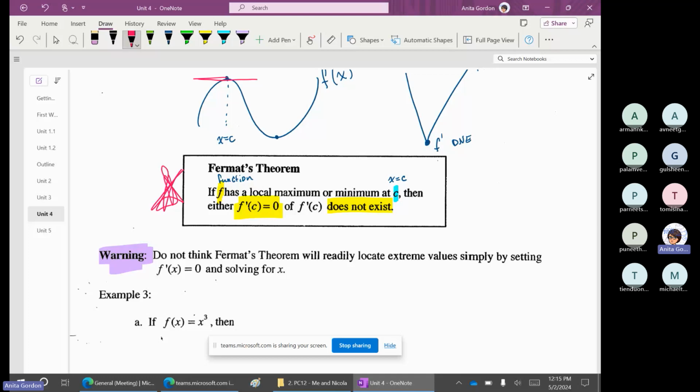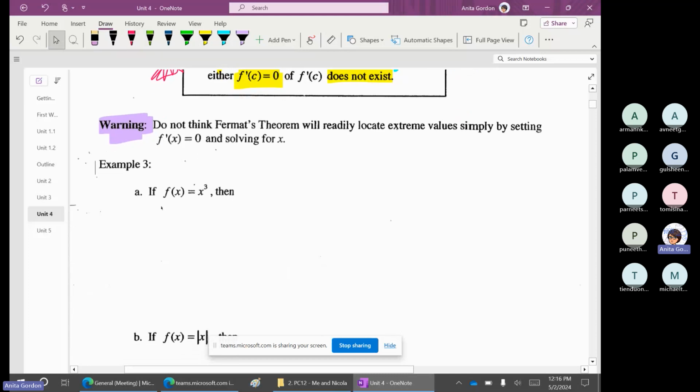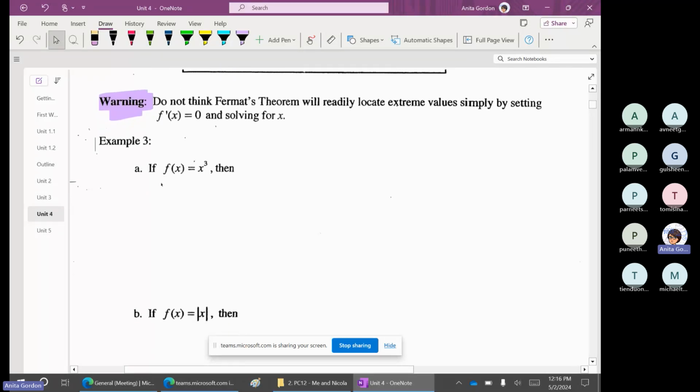If the derivative is 0, it doesn't necessarily mean that you are at a max or min, because you could just have a flat line. A flat line doesn't have a max or min. It has a derivative of 0, so the backwards of this doesn't work. Just like all thumbs are fingers, but not all fingers are thumbs, right? It works one way, but not the other way.